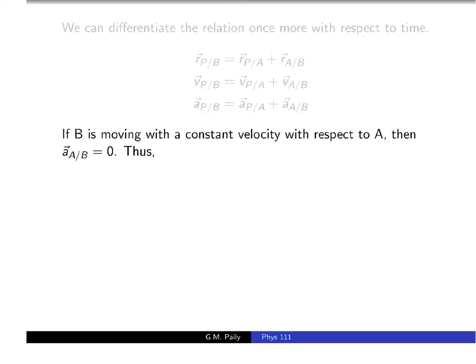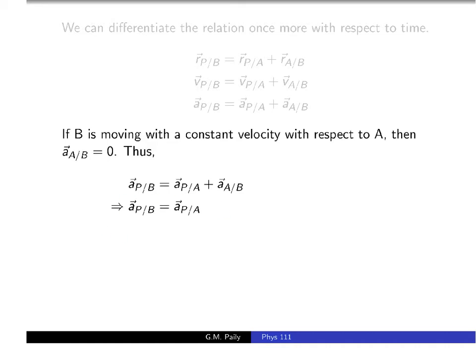Now, here is a special case. If B is moving with a constant velocity with respect to A, then the acceleration of A with respect to B, or of B with respect to A, is 0. Thus, this relation that we had between accelerations simplifies to just this.